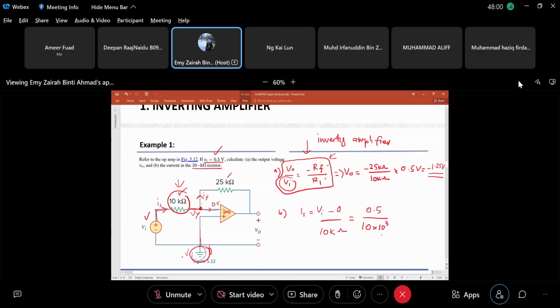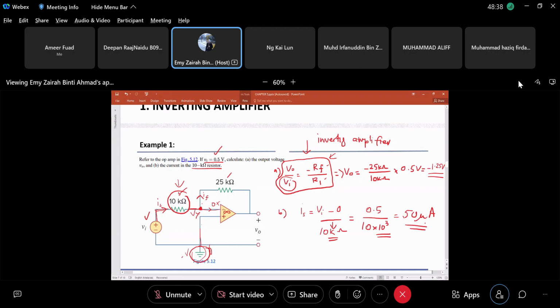Always don't forget to include the K. Normally you just take 10 only. If you do not put the K value, then at the end your answer is wrong, because you did not include the 10 to the power of 3 for kilo. Just press K on your calculator, and then you will get 50 microampere.